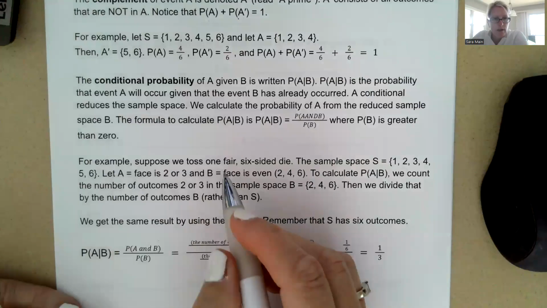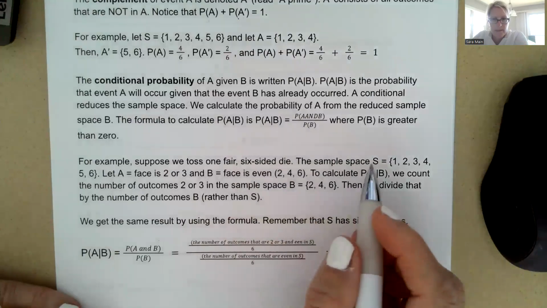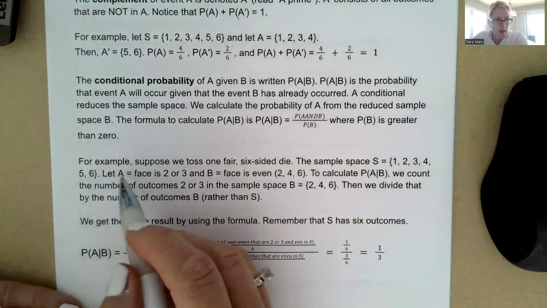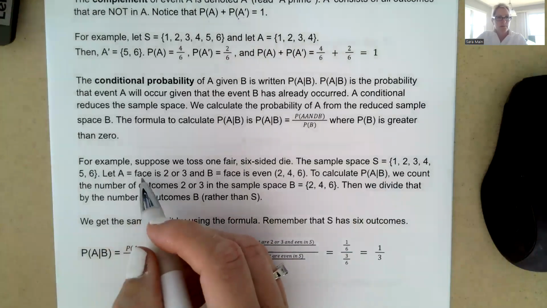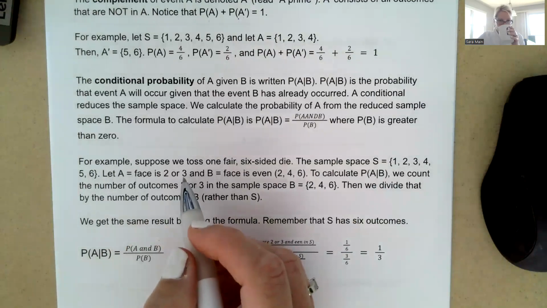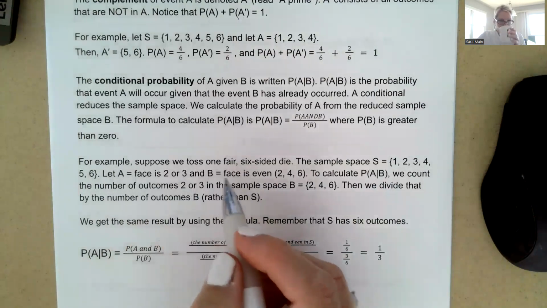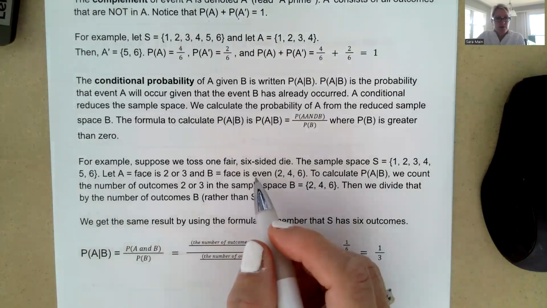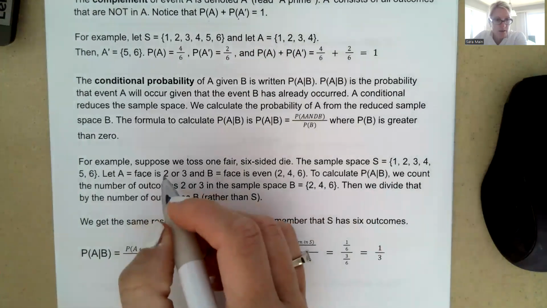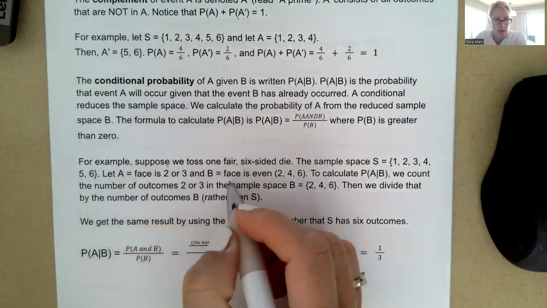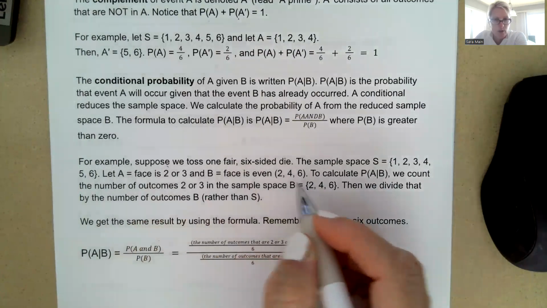Suppose we toss one fair 6-sided die. The sample space is 1 through 6, but A equals the face is 2 or 3. And B is the face is even: 2, 4, 6. Okay, A is the die is 2 or 3, and B is it's just an even 2, 4, 6.